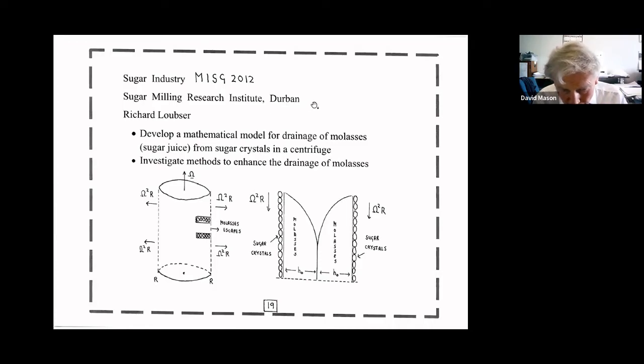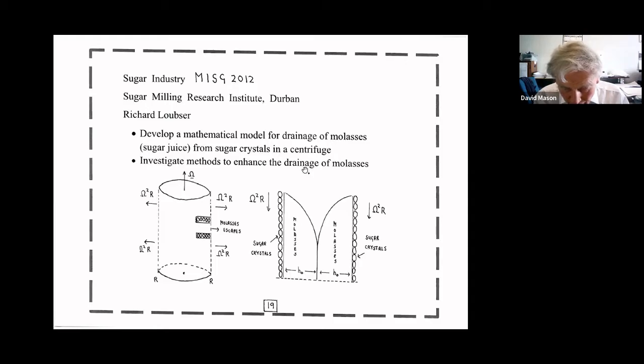This is an important industry in South Africa. They asked us to develop a mathematical model for drainage of molasses, that's sugar juice, from sugar crystals in a centrifuge, and investigate methods to enhance the drainage of molasses.